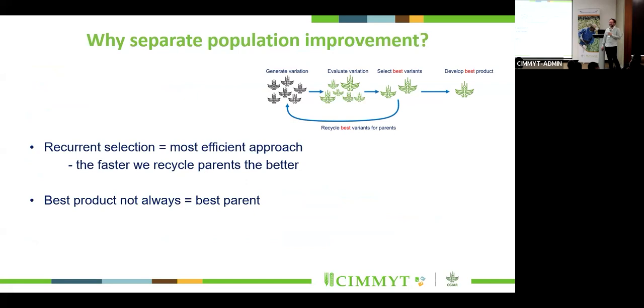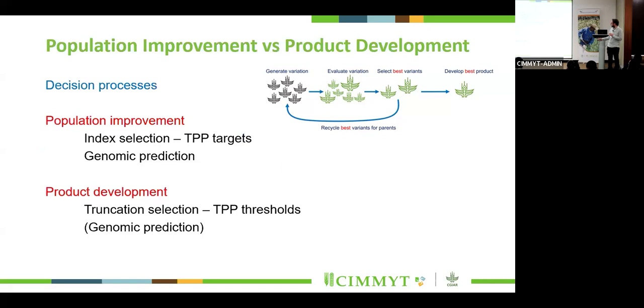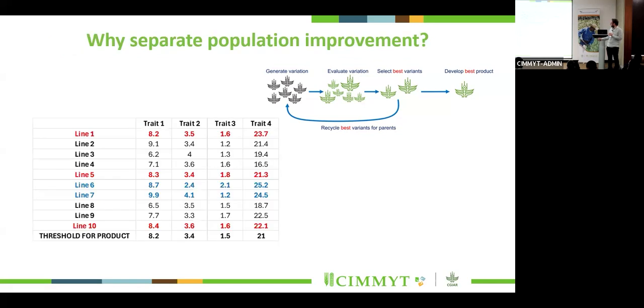Because I believe the best product should be the best parent, especially in our self-pollinated crops like sorghum. Is it like that? So here, to get the best product, you have to pass a threshold.